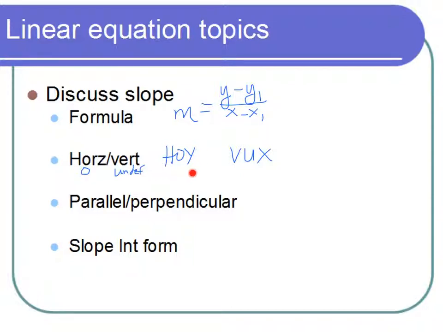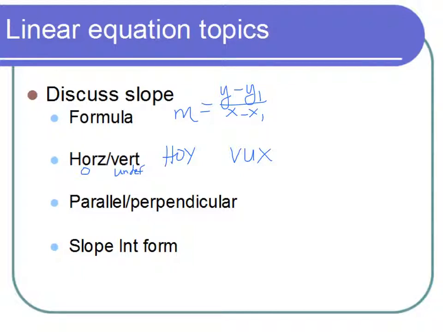So that's horizontal. Vertical lines have undefined slope, and their equations are always x equals a number. If you can remember this little acronym, or just know what the slope of a horizontal or vertical line is and how to write those equations.